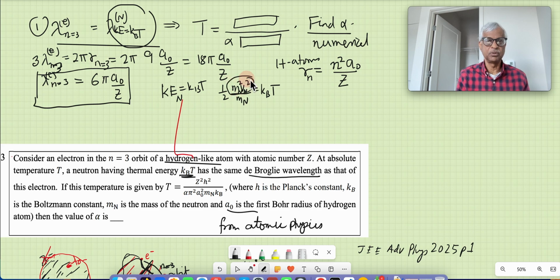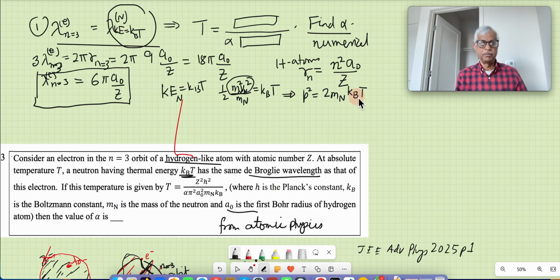Then this becomes p square, so p square equals 2m kBT. And p square, from the de Broglie relation, will be h square over lambda square.